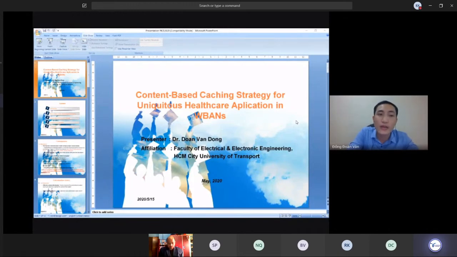You can see in the two figures, the numerical results focusing on the hit ratio and the delay time show the remarkable effectiveness of the proposed approach in improving the total hit rate and reducing data retrieval delay. So it is very useful to apply our proposed approach to the caching decision and replacement policy in content-centric networking wireless body area networks.